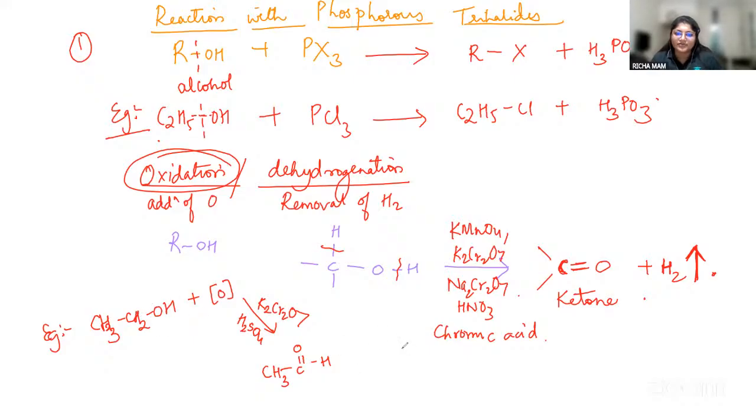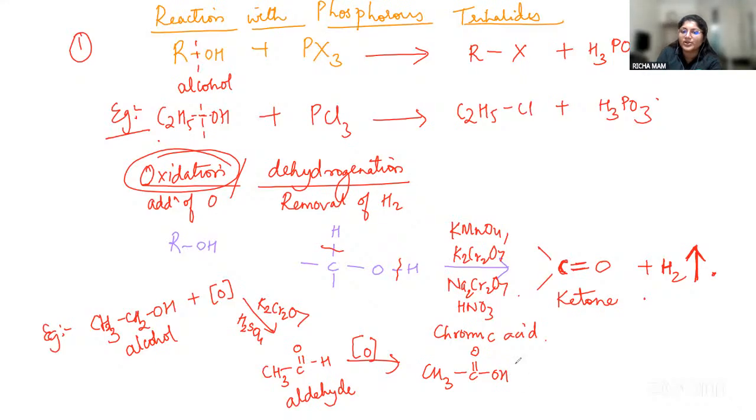First the alcohol is converted into aldehyde. Then if I want to do oxidation again, this ethyl alcohol, which is first converted into aldehyde, acetaldehyde, further on oxidation will be converted into an acid, that is acetic acid.